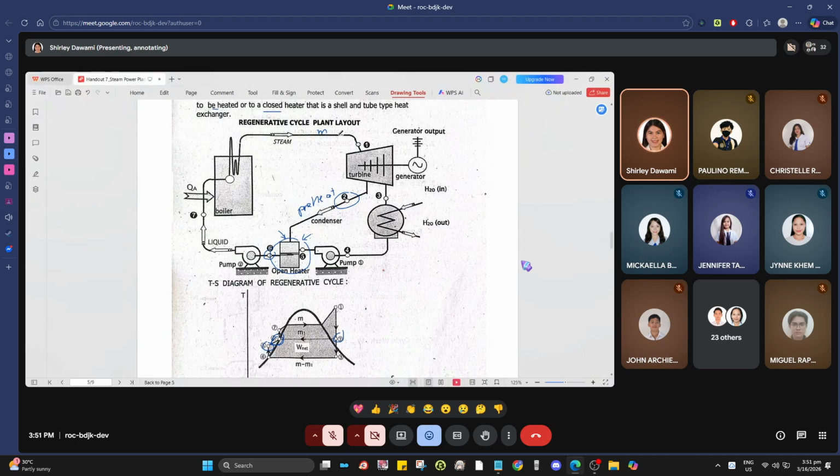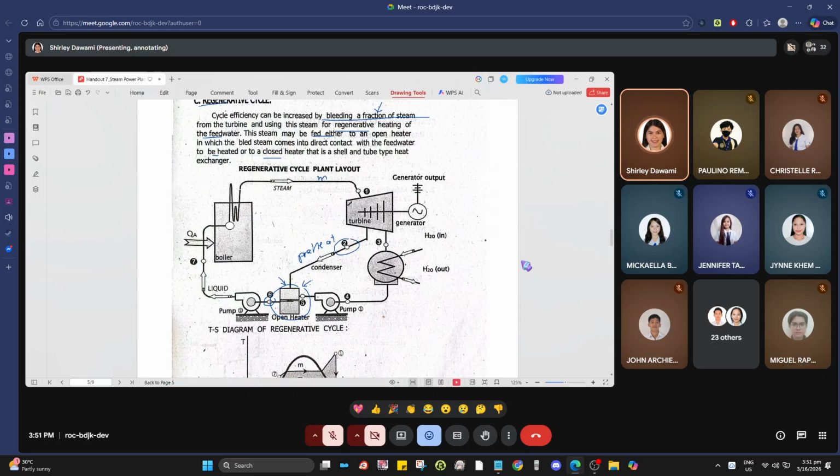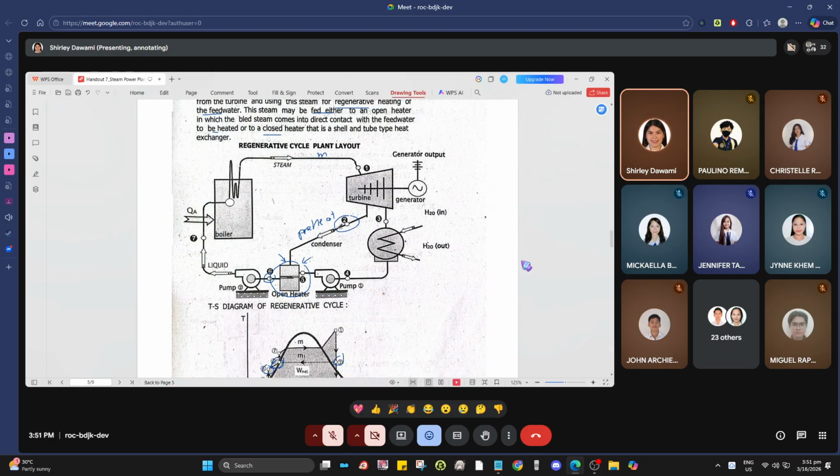Since we are bleeding a fraction of steam, the 2 to 6 part is only a part of M. That is M1, the part of M that is bled. So the mass of steam used for complete expansion will be M minus M1. This is for complete expansion.